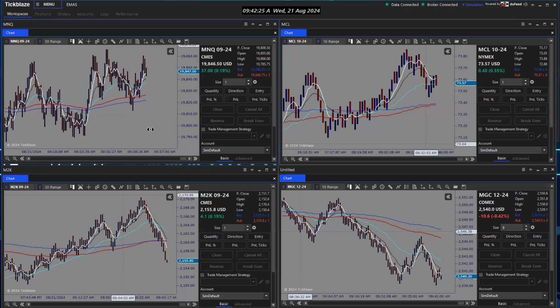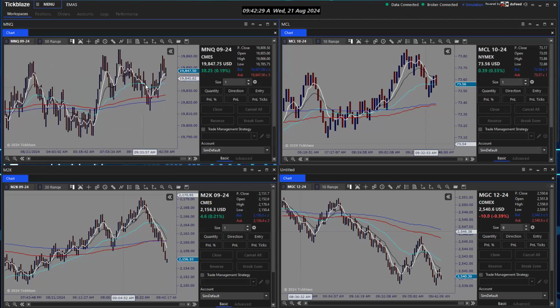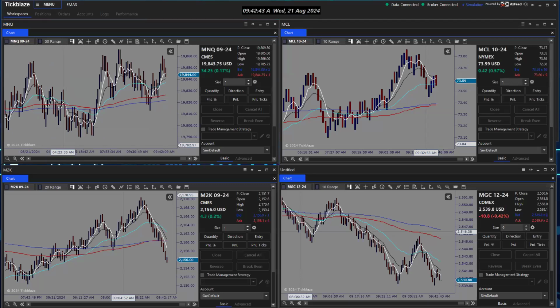Yeah, I don't see anything I'd be interested in on that one, but it overshot the EMAs there and there. 5 crossing the 13, yeah, exactly. Yep. So as soon as you see those crossing, you jump in somewhere in here.